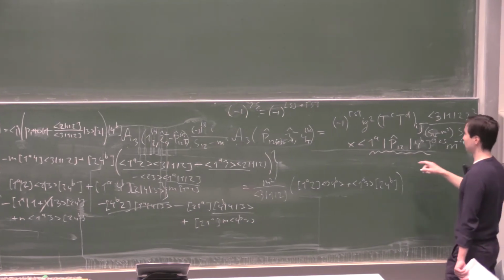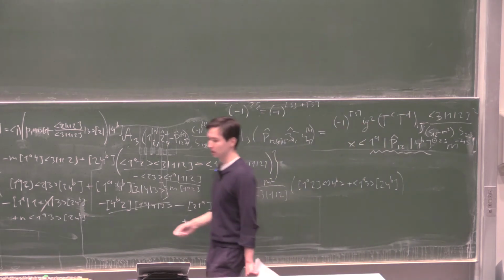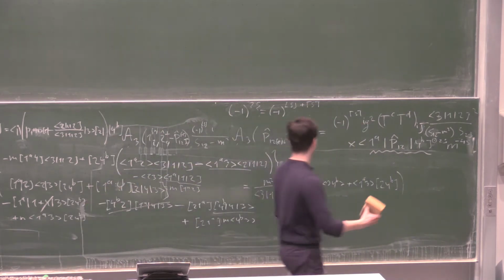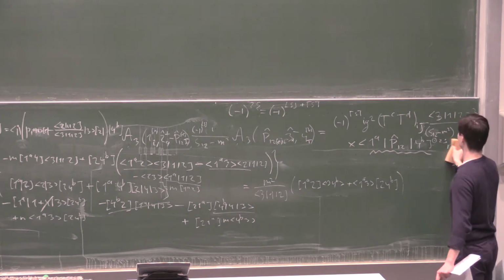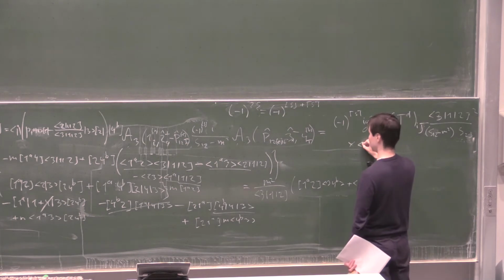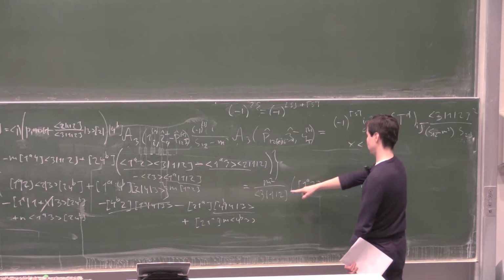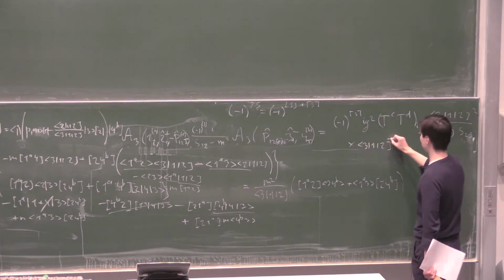So plugging it back in here, I see that all the powers of mass cancel, there are no explicit powers of mass, and I get this thing 312 to the minus 2s.